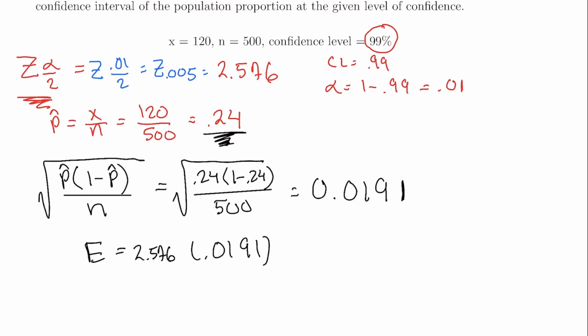So all I'm gonna do to find margin of error is multiply those two values. So you go 2.576 multiplied by 0.0191. If you multiply that out, you get 0.0492. Once again, notice I'm using 4 decimal places. Usually when you're dealing with a proportion data set, you use 4 decimal places so that you could be fairly accurate. All right, but any question in regard to how I got margin of error so far?